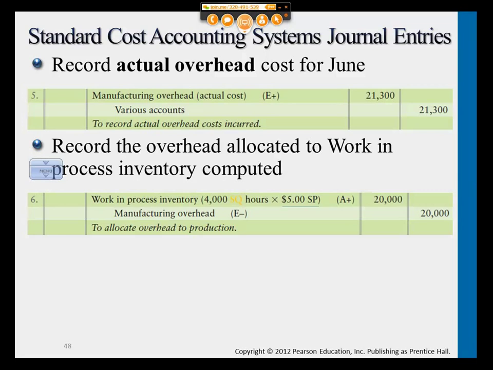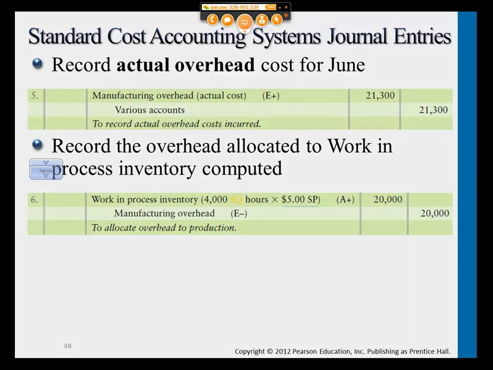The same month. And then the sixth one, we record the overhead allocated to work in process inventory computed. So how do we calculate this? We find our work in process inventory as the multiplication of standard quantity of hours by the standard price. Okay, and then manufacturing overhead, again the same rule, the overhead allocated to work in process inventory, right?